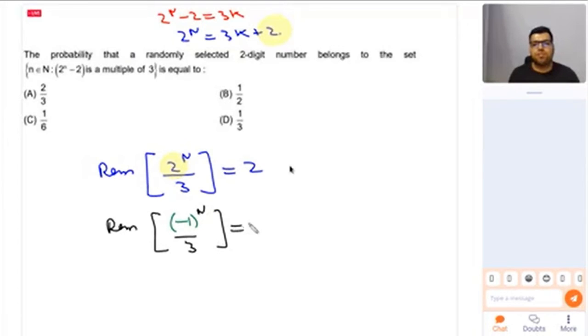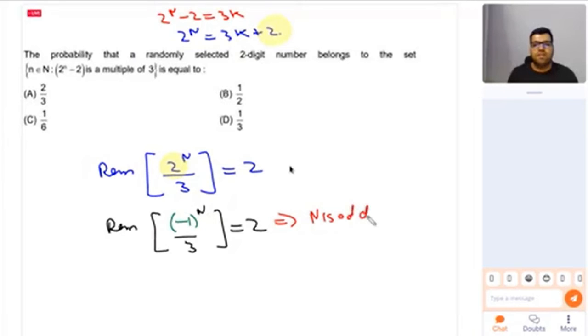So from here we observe that if n is odd, then this remainder will come as minus 1 raised to power odd, and minus 1 raised to power odd is minus 1. So minus 1 plus 3 becomes 2. So for this to hold, n has to be odd.